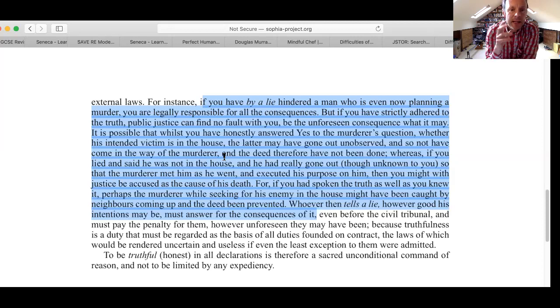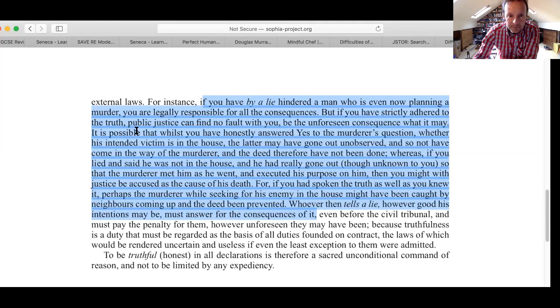If you've strictly adhered to the truth, my father is in the house when the murderer is knocking at the door, you're legally responsible for all the consequences that follow from that. If you'd strictly adhered to the truth, public justice could find no fault with you with the unforeseen consequences. The murderer comes in, he does his wicked deed, you're scot-free because you couldn't have foreseen the consequences.